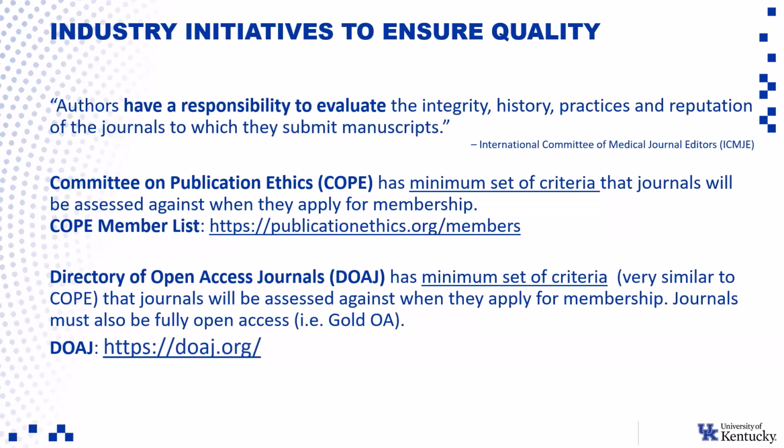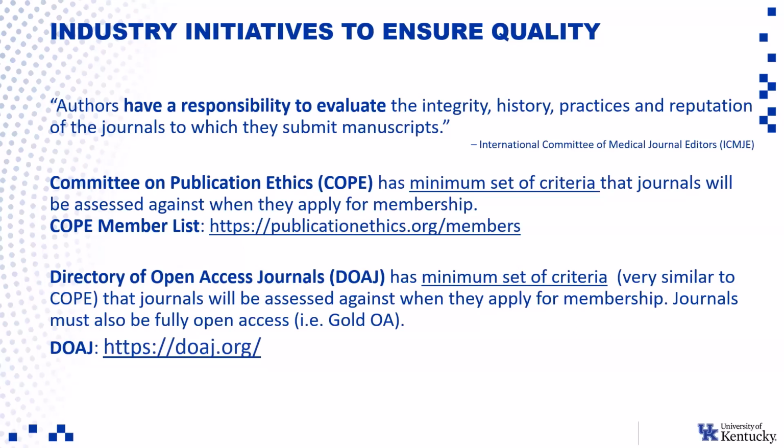The Directory of Open Access Journals is an independent index of fully open access journals with a mission to increase the visibility, accessibility, and reputation of open access scholarly research journals. Journals must apply for membership, and those that meet the minimum criteria are added to the directory. Journals that meet all 7 criteria additionally receive a DOAJ seal, which has been awarded to about 10% of the journals indexed in the DOAJ.